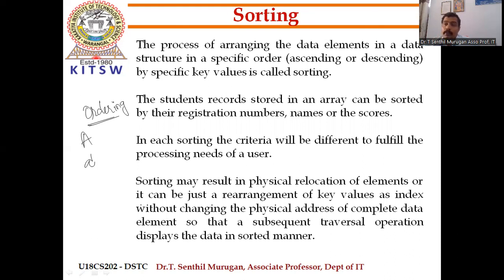If I want to arrange the student list as per roll number, I have to choose the roll number and perform the sorting operation number-wise. If I want to find those who failed in a particular subject, I have to select the marks and sort from higher number to lower number, so it is in descending order. Those who get pass marks will be at the top, and those who get less marks will be at the bottom. Like that, we will find the students from the list. First, we have to sort it.